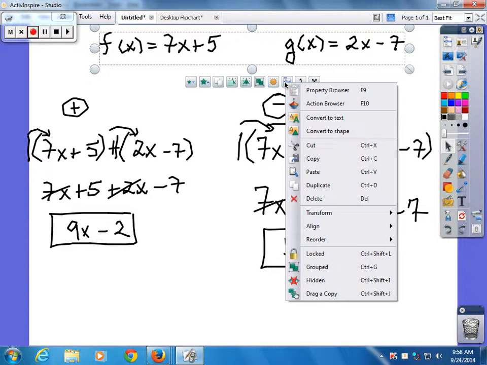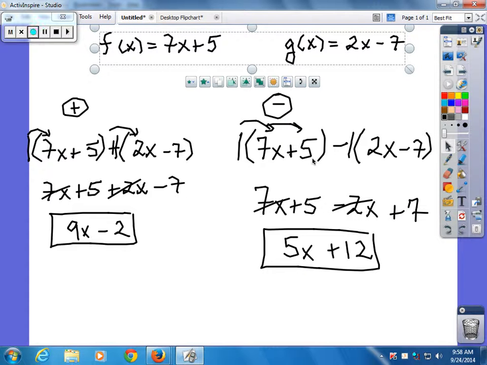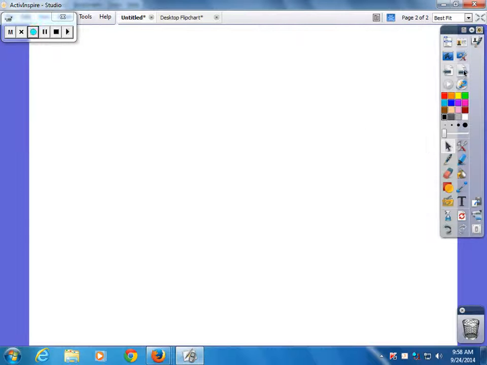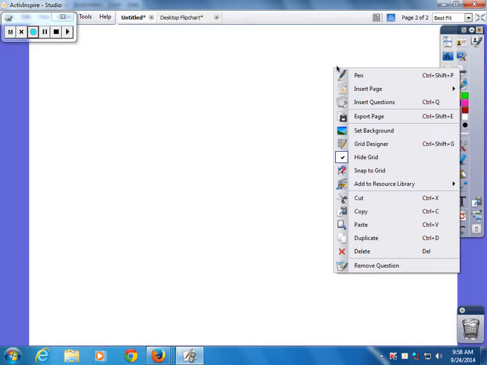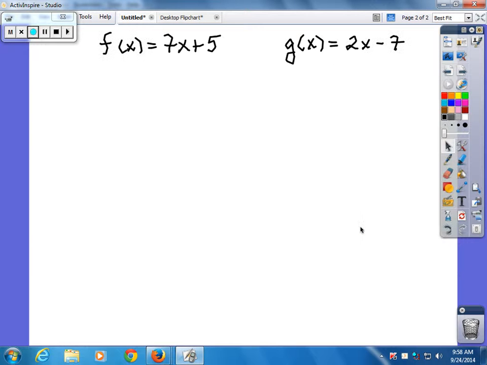Actually, you do it one time, and then it puts it over here, and then you just have to hit that button, and it makes it a whole lot easier. I know, I'm getting to be good at this.